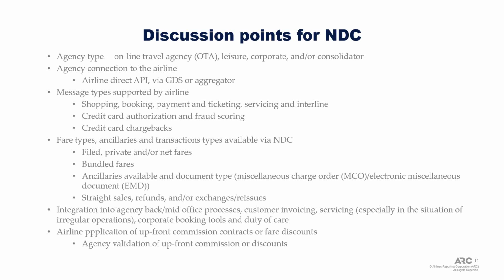Or consolidator. Again, just topics to consider as you move forward. How will the agency connect to the airline? Are you going to offer a direct API, or maybe go through a GDS or an aggregator first, or maybe you'll decide to do all of those methods.